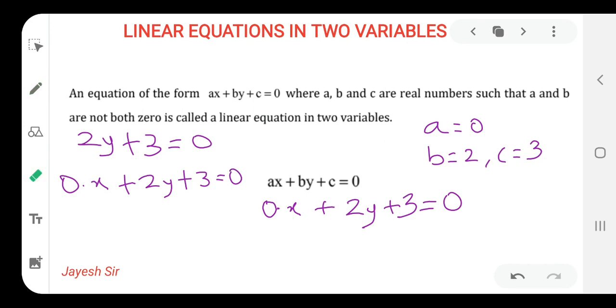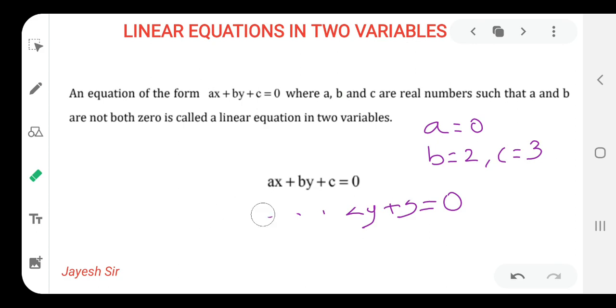Otherwise, the other method we can use: let us assume that the value of b is 0 and the value of a is given to us as 2. Now we'll put the values of a, b and c over here: 2x plus 0 into y plus c, that means 3, equals to 0.